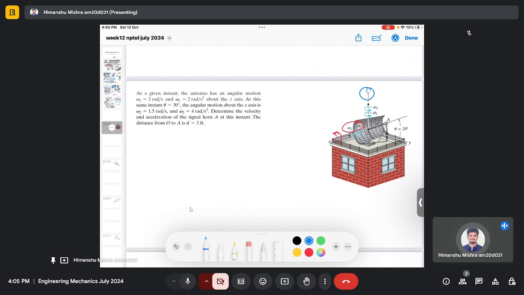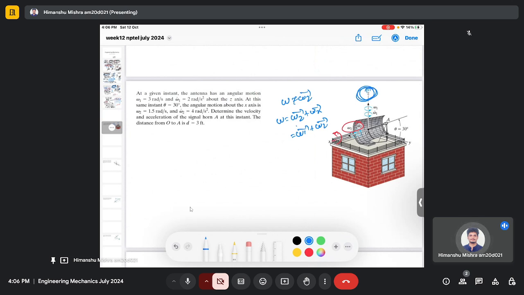So the spin of this antenna is not equal to just omega 2. Since we also have the angular velocity about the z-axis, it will be equal to omega z plus omega x. So omega z is omega 1, so it will be omega 1 plus omega 2.